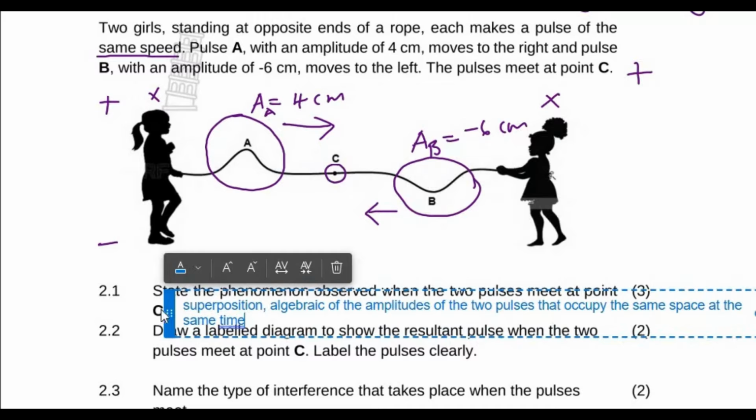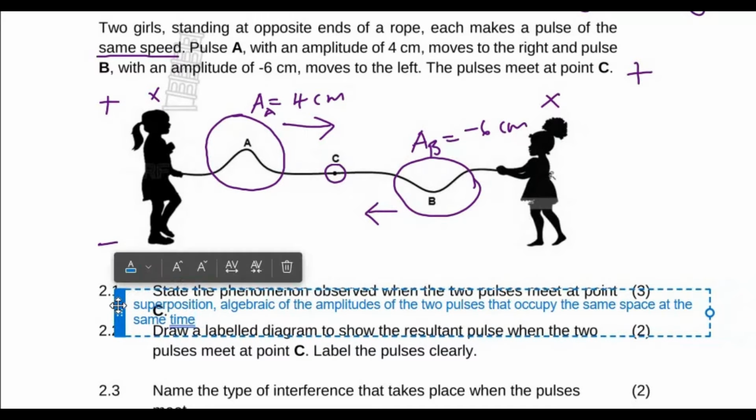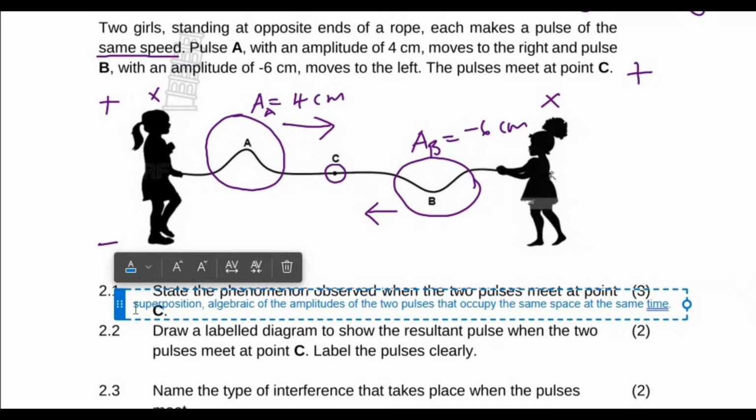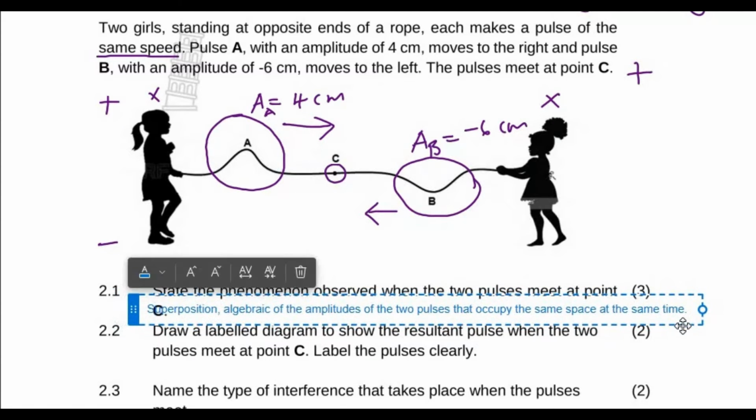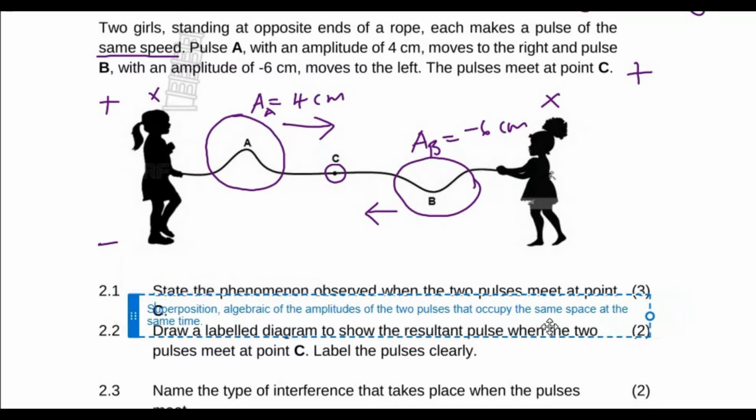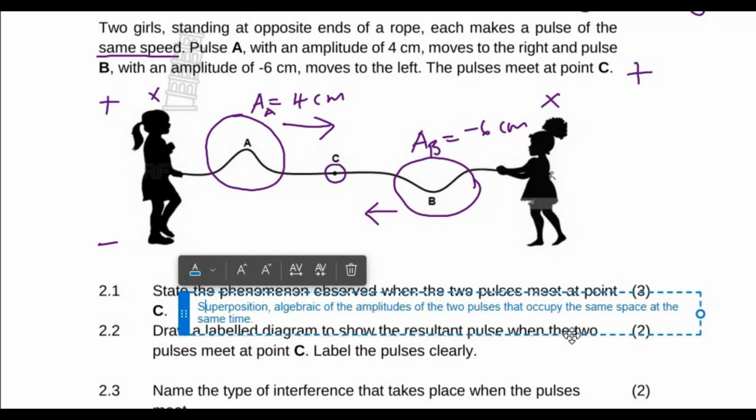So this may feel like a lot of English, but essentially what it is saying is that when those two pulses meet or overlap, they will undergo superposition. And superposition simply means that they occupy the same space at the same time. And then what happens is that their amplitudes will add.